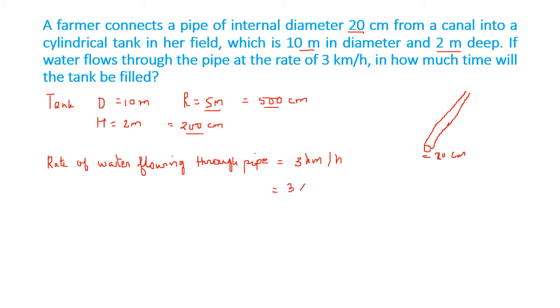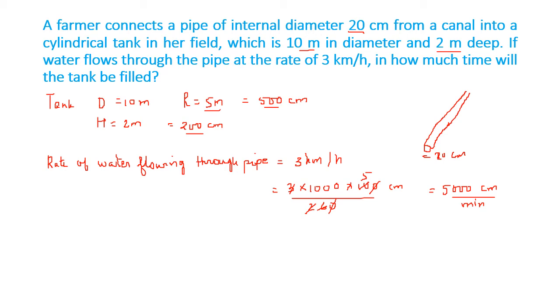So 3 kilometer, I multiply by 1000 to convert into meter, into 100 to become centimeter, and 1 hour is 60 minutes. So we get 5000 centimeter per minute as the rate of water flowing through the pipe.